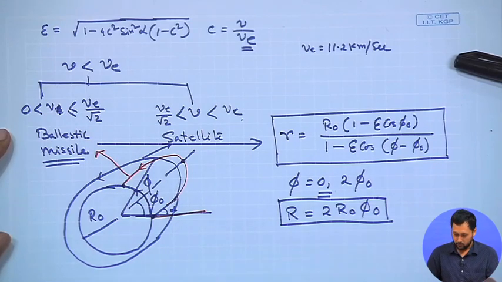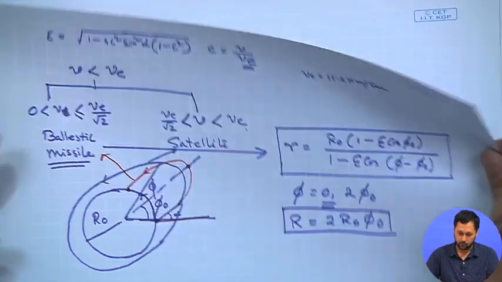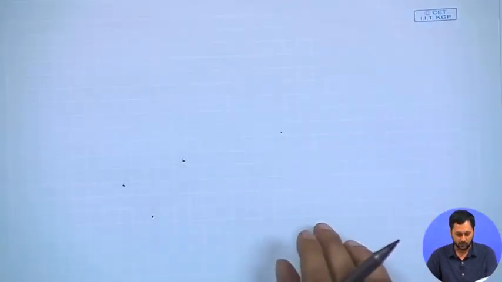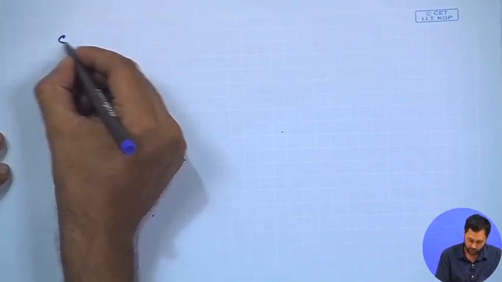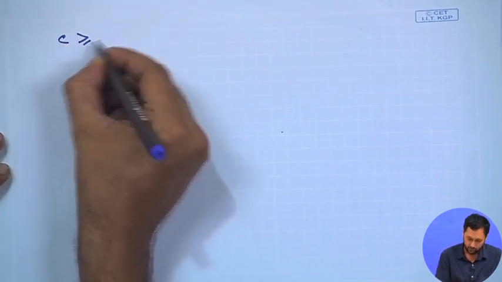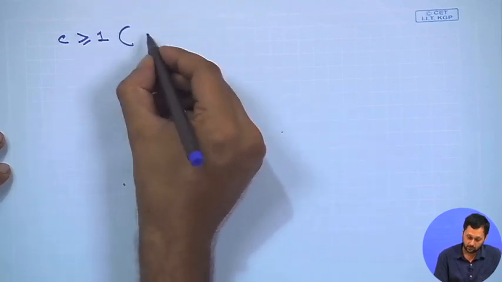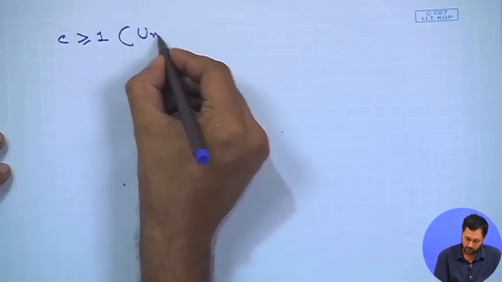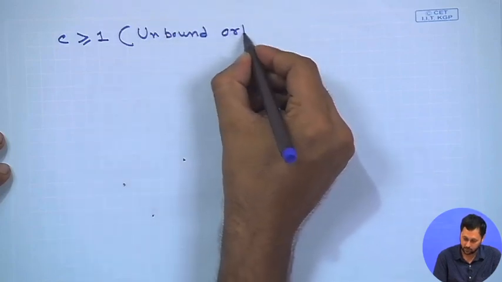Now, what happens when we have velocity equal to or greater than ve? That means c is greater than or equal to 1, and of course we understand that this will lead to an unbound orbit. So far we have discussed only bound orbits.